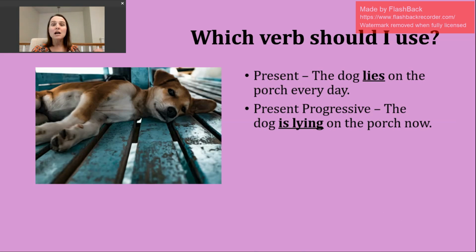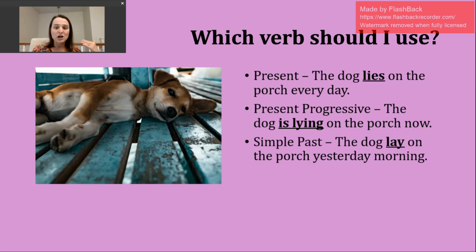Now, if I wanted to talk about what's happening right now, I would use the present progressive, and my sentence would become the dog is lying on the porch now. So again, dog is singular, so I use is and then my progressive form. Now let's pretend we're talking about the simple past tense.